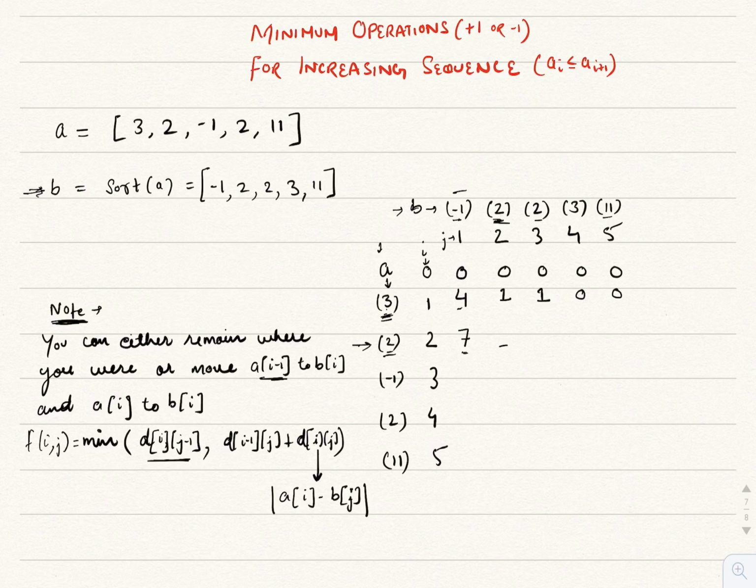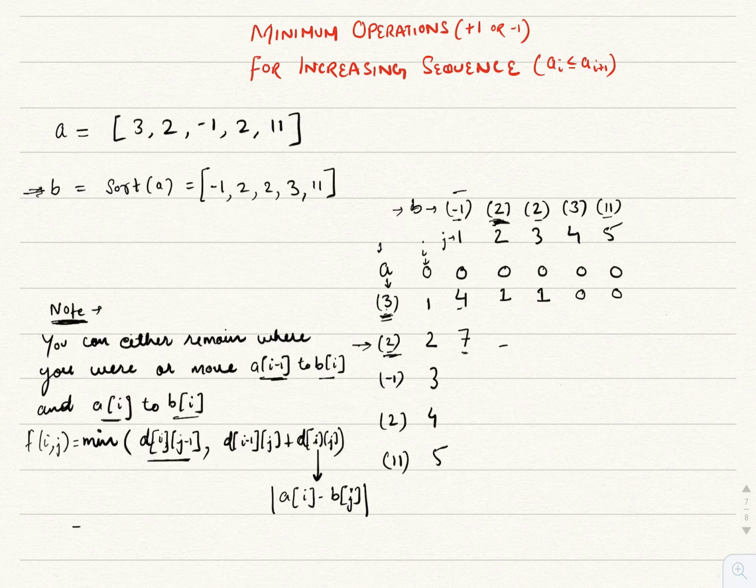That is, we move A[i-1] to B[j], that is 3 to 2, and we move A[i] to B[j], that is we remain where 2 was, which is 2.